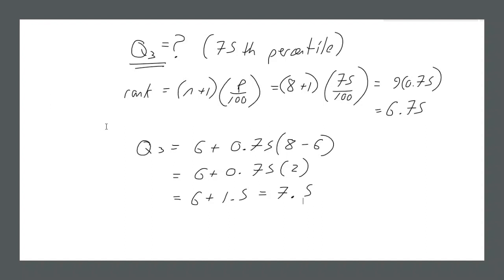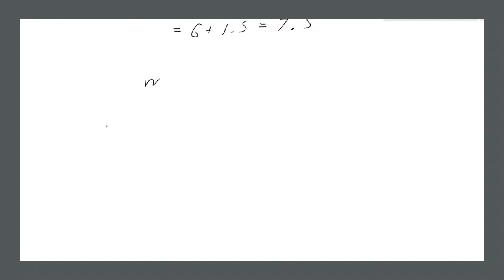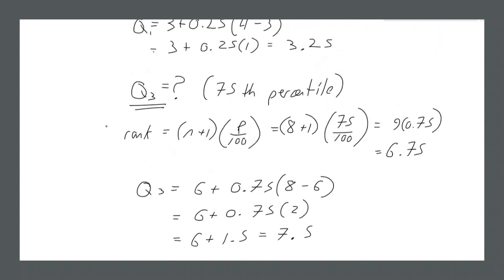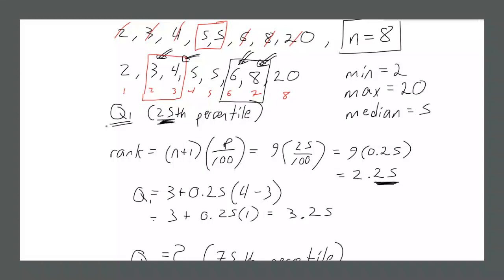So we have all of the 5 values that we need. Our minimum was equal to 2. Our first quartile was equal to 3.25 right here.